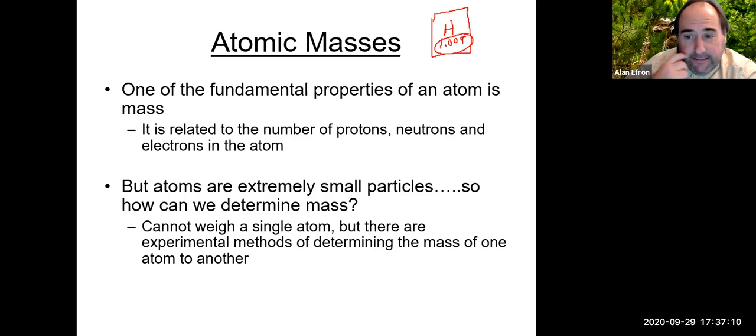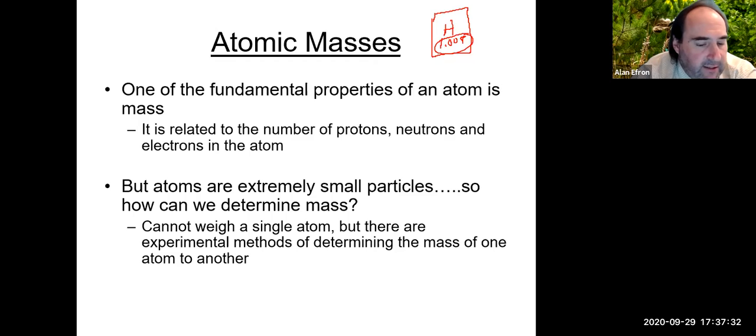The atomic mass obviously is based on the particles that make up atoms. As we know, we have protons, electrons, and neutrons that make up atoms, and the masses of those things. Obviously, atoms are extremely small, as we talked about, so you can't just pick one up and slap it down on a balance to weigh it.